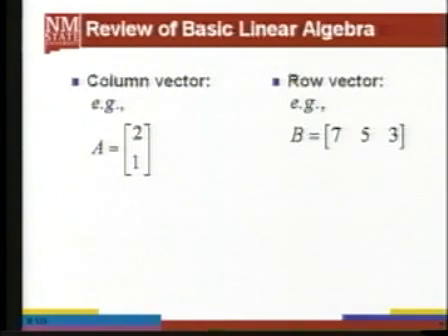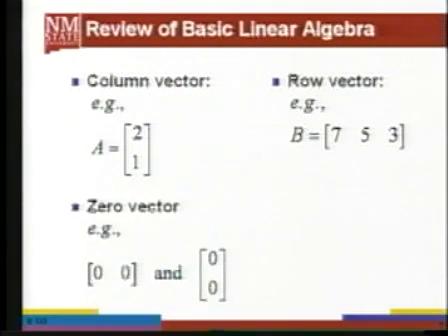A row vector is any matrix with only one row. Likewise, the number of columns in a row vector is the dimension of the row vector. So the matrix B is a 1 by 3 matrix, or I would say it is a 3-dimensional row vector.